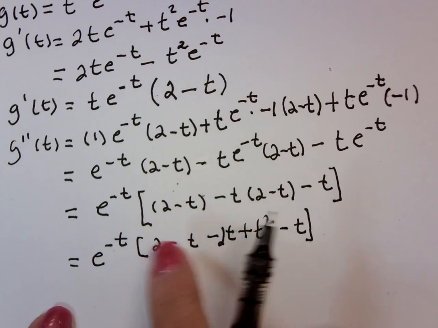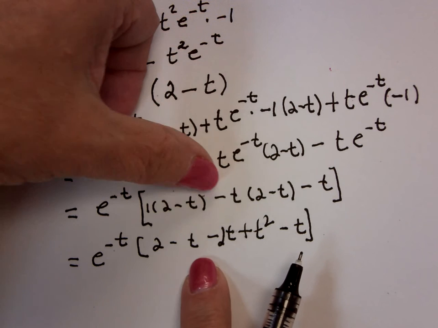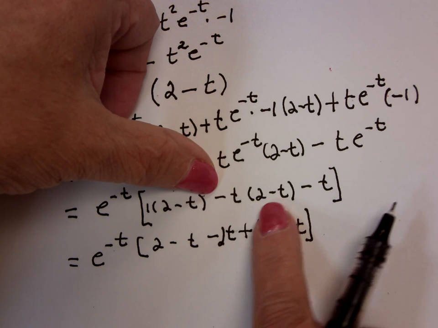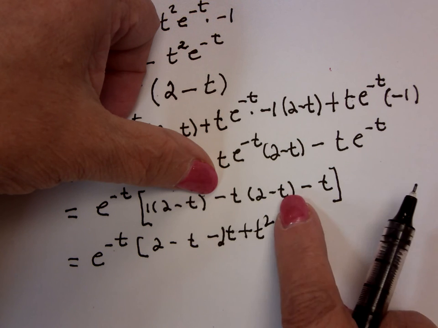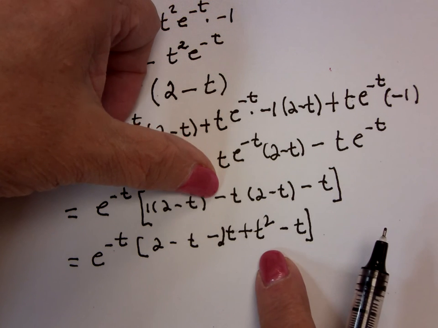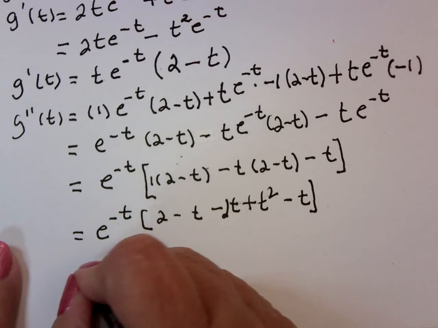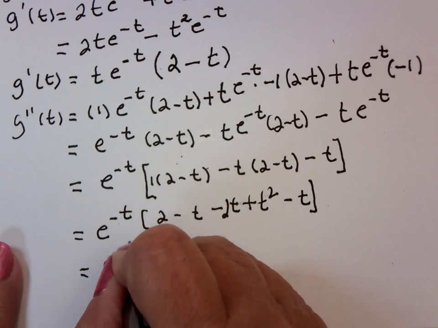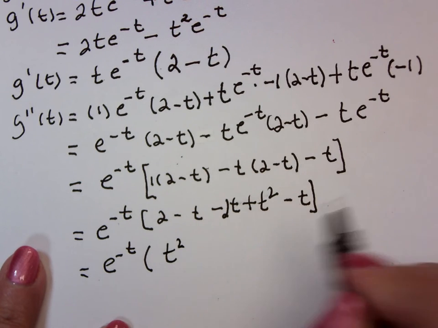So there's a 1 in front of here, so it's 2 minus t. Minus t times 2 is minus 2t. Minus t times minus t is plus t squared, minus t. e to the minus t times t squared.